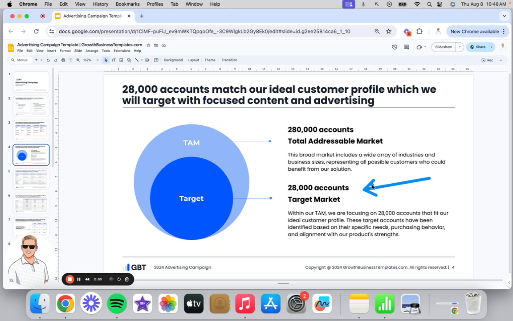there's TAM, SAM, SOM. I find that terminology confusing and not easily understood, and most people don't quite understand it when you're trying to present that idea. And so I just break it down to the total addressable market and then the target market, the accounts that we are going after.